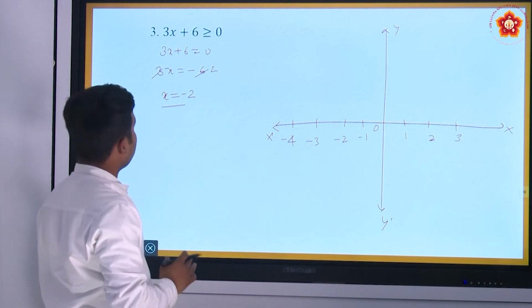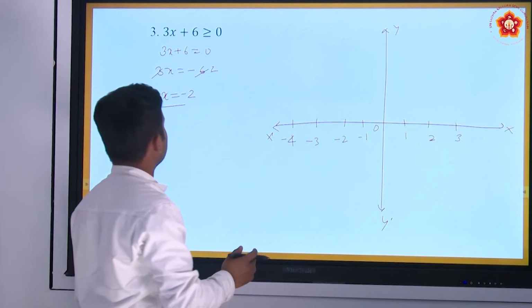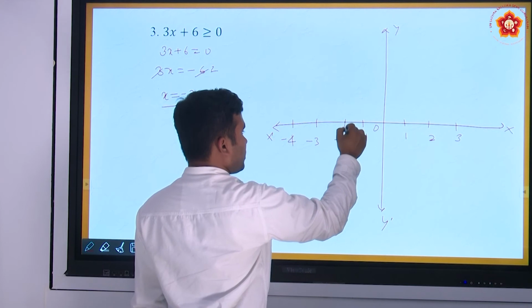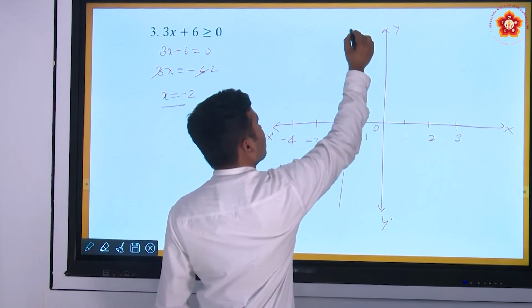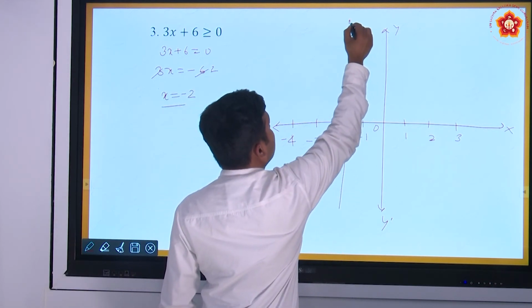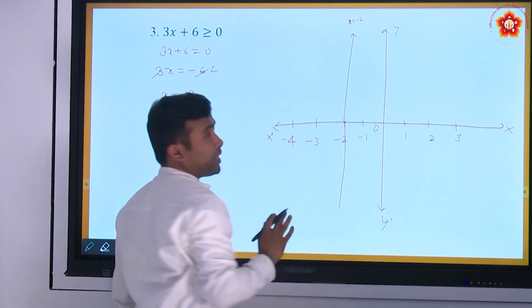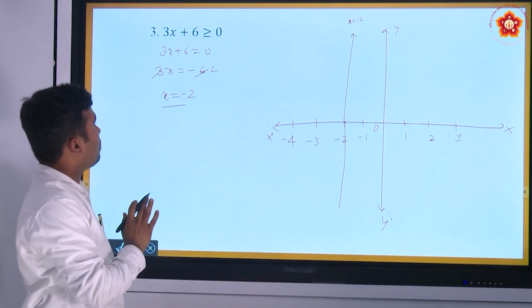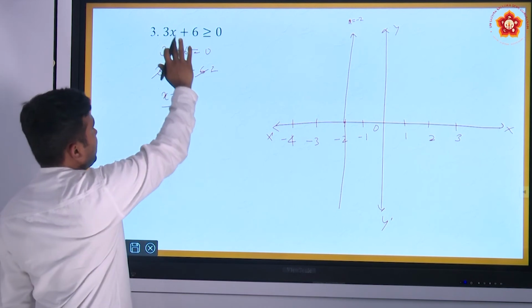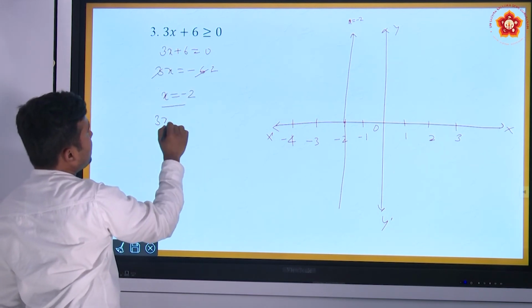Here I got x equal to minus 2. So that is this line, x equal to minus 2. Now in this inequality you can solve 3x plus 6.